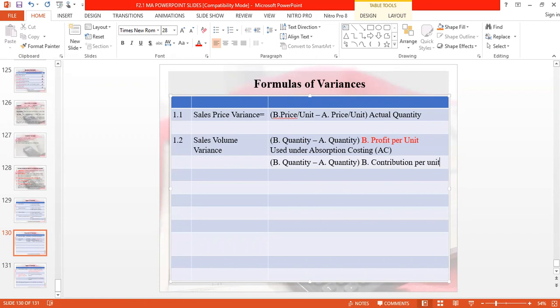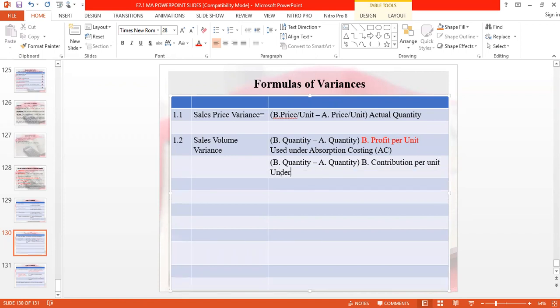This one is used under marginal costing, MC. So either this or that. Take note of that. In sales volume, there are two formulas.